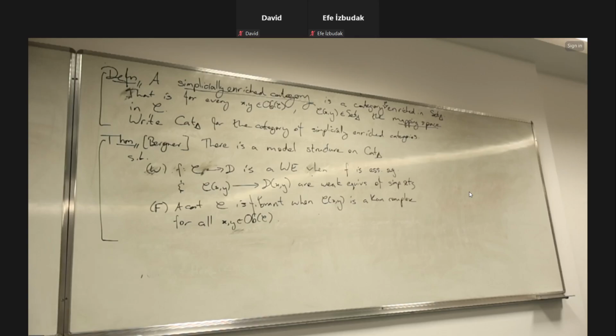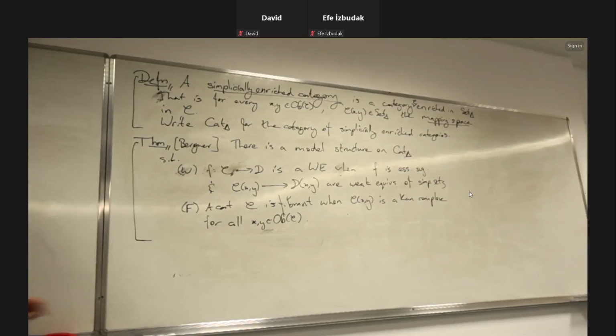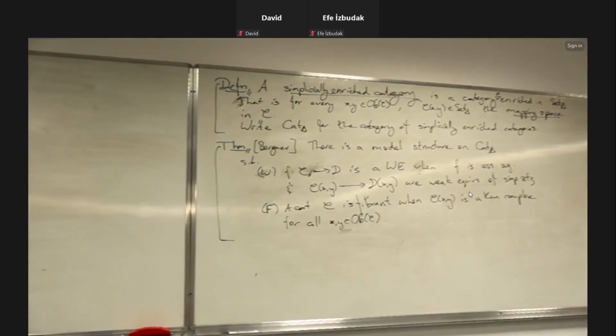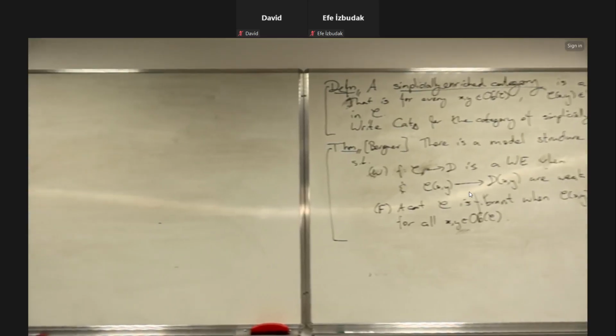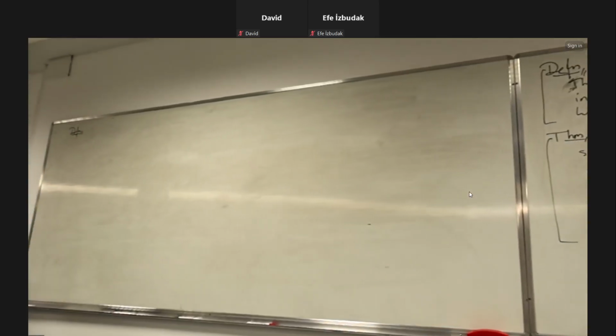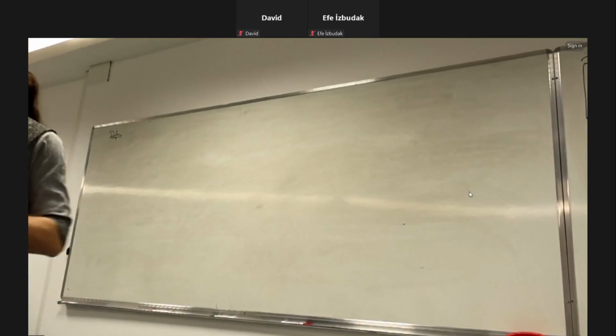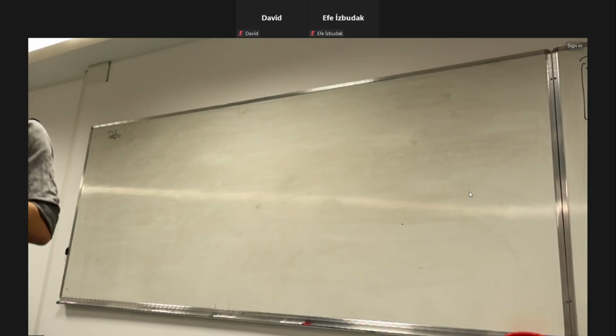And once again, we're going to use more or less the same machine that we used before and turn the crank. So yes, you can define a model structure for quasi-categories.